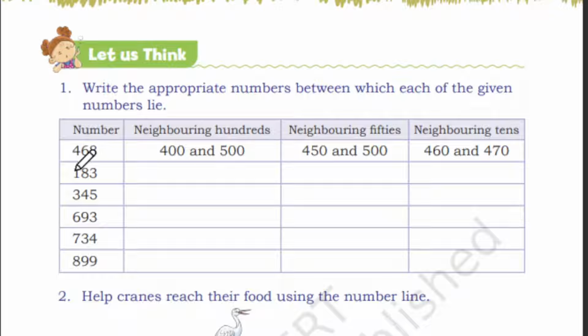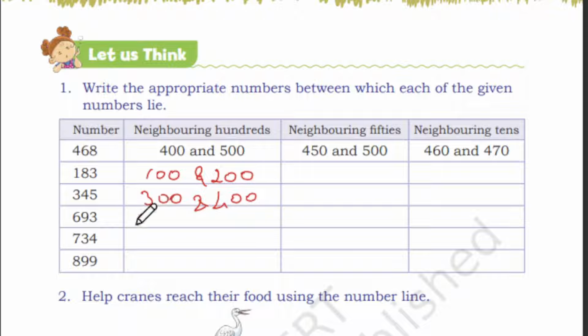So we have 183. The neighboring hundreds, it's from 100 and 200. And this one is 300 and 400.